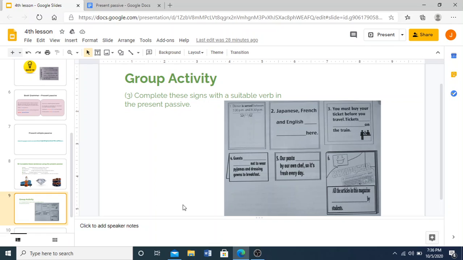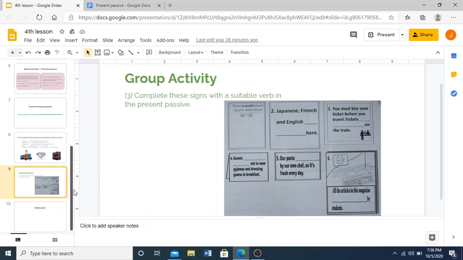Okay, now in pairs, we have to complete this activity. Open to your workbook where you have this activity and complete these signs with a suitable verb in the present passive. So these are signs. You have to complete these signs with a suitable verb in the present passive. So this is the work that you have to do today.